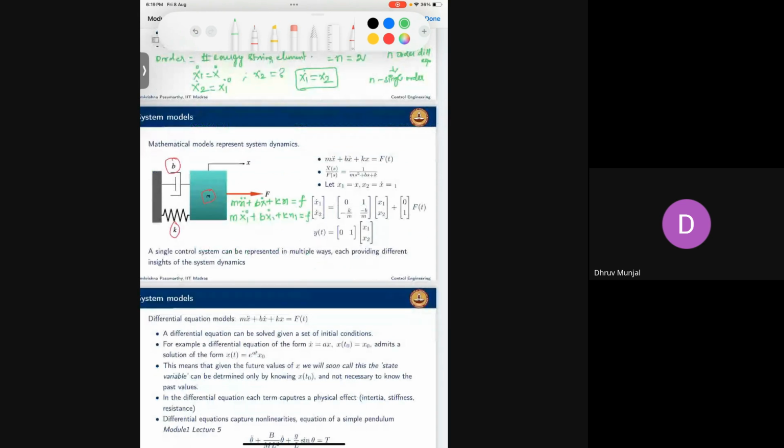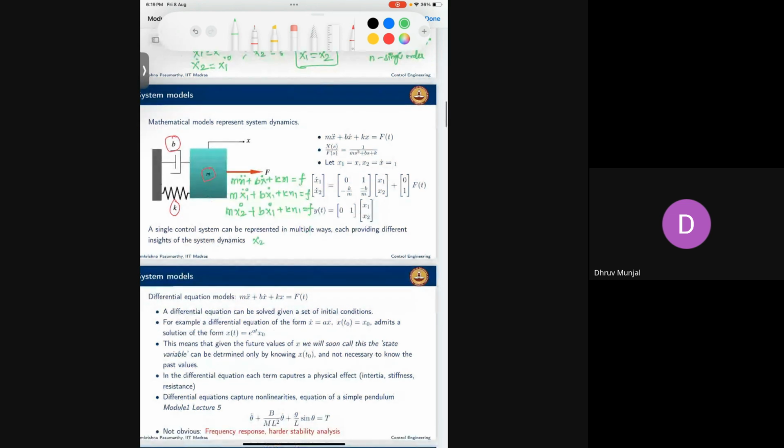Now I'm going to replace it directly. So this x1 double dot will become x2 dot, plus b x1 dot plus k x1 equal to f, right? Now I'm keeping x2 dot here and taking everything else to this side: minus b x1 dot minus k x1 plus f, whole by 1 by m, because here there is a 1 by m.